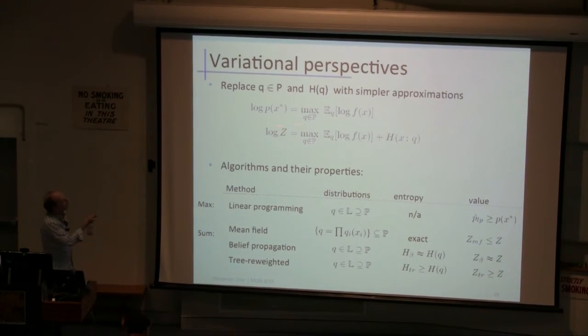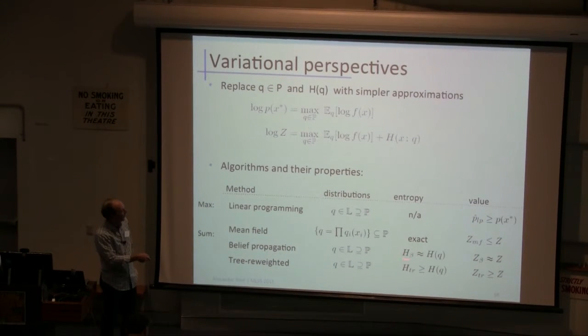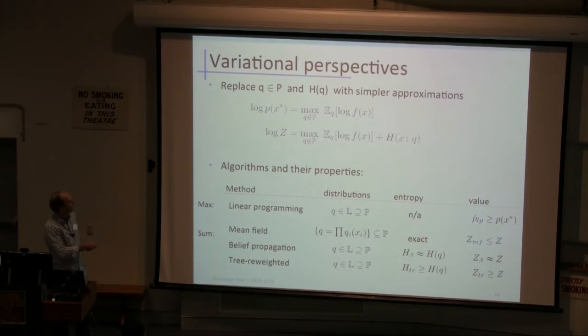We have a lot more degrees of freedom in terms of the partition function, because now we have not only the consistency, but also the entropy approximation. So different choices will lead us to different approximations or bounds. Belief propagation, I mentioned, is this beta approximation to the entropy and a local polytope relaxation.